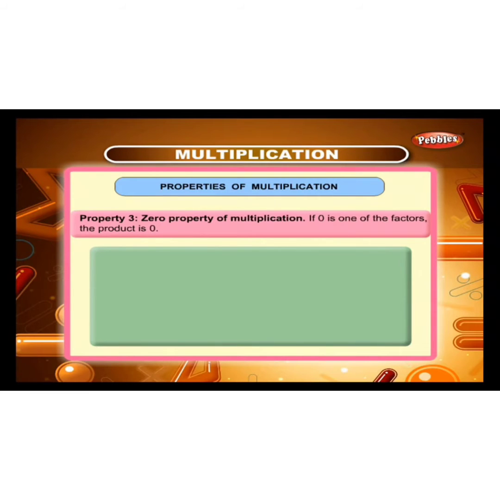Property 3. Zero property of multiplication. If 0 is one of the factors, the product is 0. For example, 0 into 4, that is, if 0 is multiplied by any number, the product is 0.